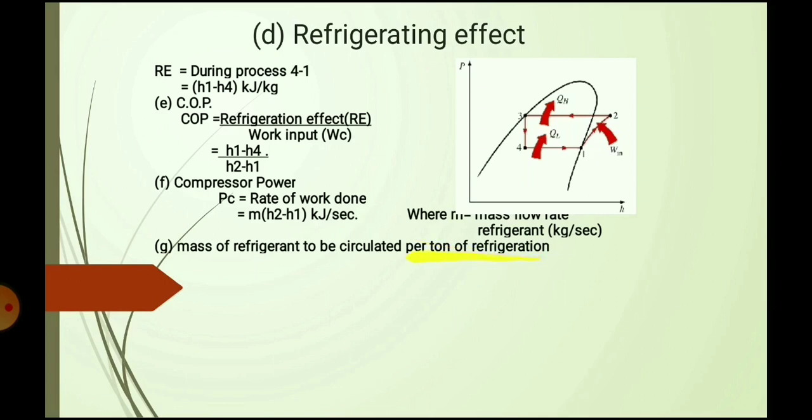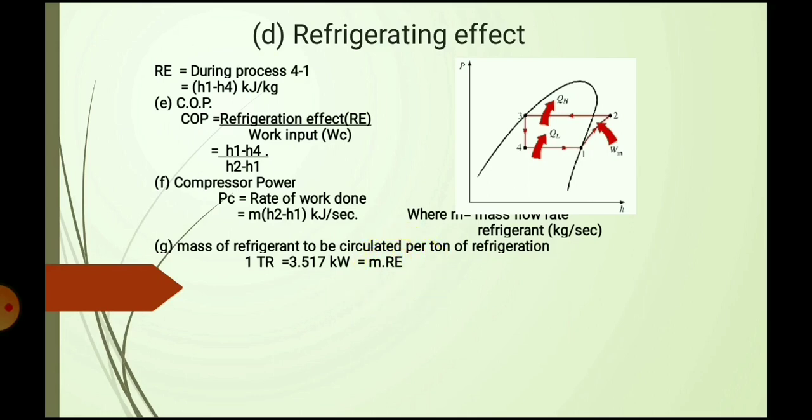Clear? Next one is the mass of refrigerant to be circulated per ton of refrigeration. Per ton of refrigeration means the capacity of the system is 1 ton. That means the refrigeration effect is equal to the capacity of the system, 1 ton, and we all know 1 ton is equal to 3.517 kilowatt. If the mass flow rate is m, then this is equal to m into Re, because this Re is only for 1 kg of mass. If there are m kg, we have to multiply the refrigeration effect by the mass, and it will give the refrigeration effect for the mass m.